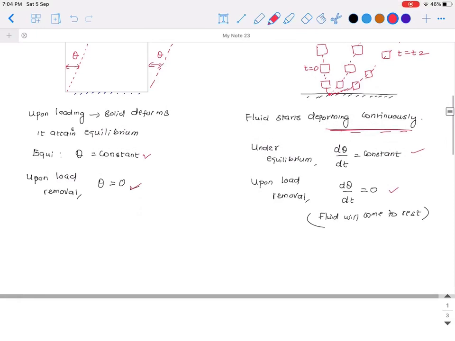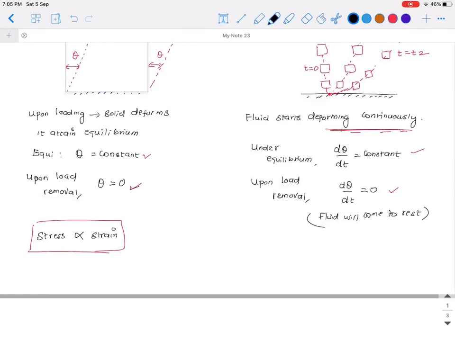Okay, now to proceed further, if we want to discuss it a little bit further, solid from mechanics point of view is quantified by this relation. Stress is proportional to strain for a solid. Okay, you know this is Hooke's law for a linearly elastic solid.